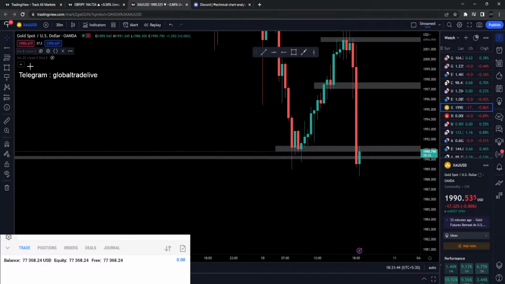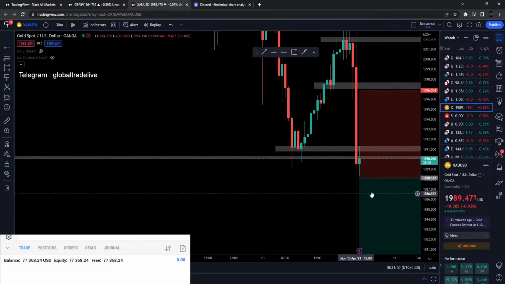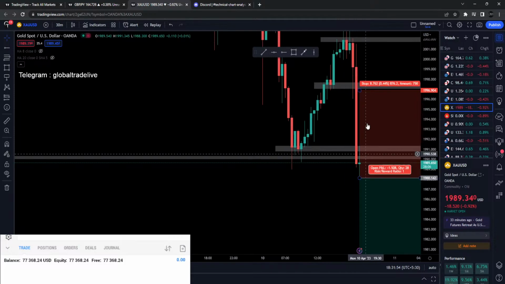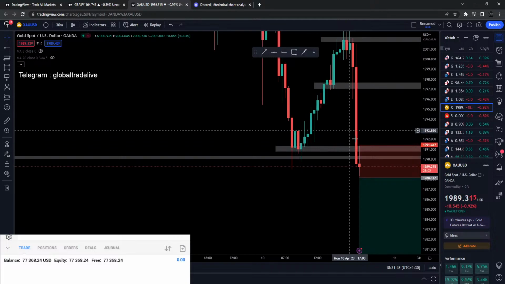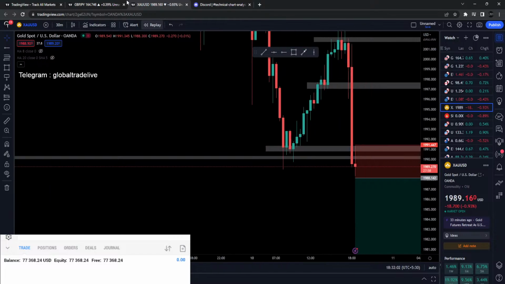So I'm just going to wait. What I can actually do is wait for the market to break this price and keep the stops above the high. I think, yes, I will try this trade out with a small lot. So I'm going to take a sell trade with a small lot.